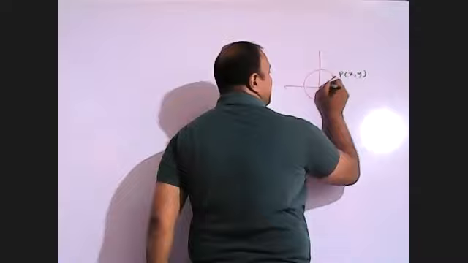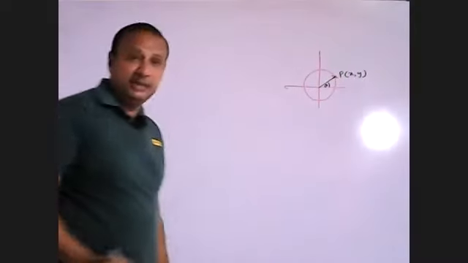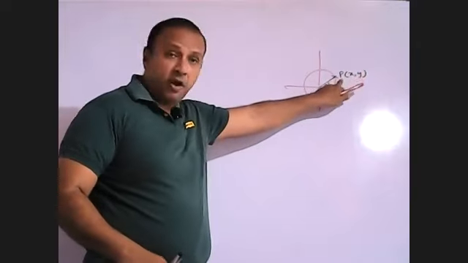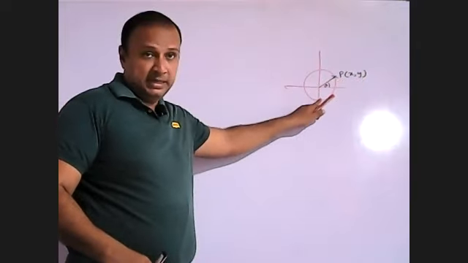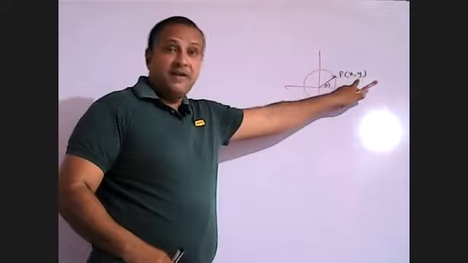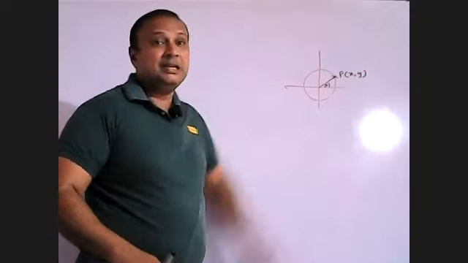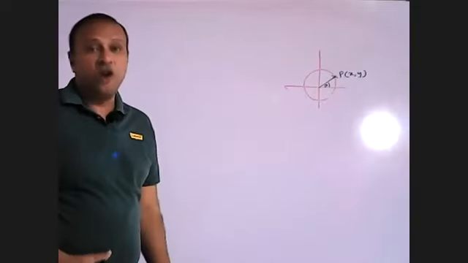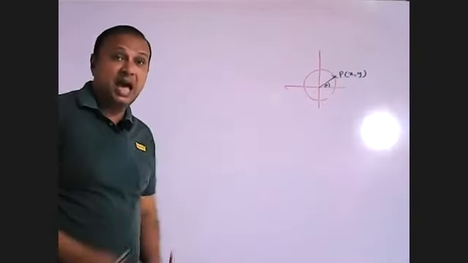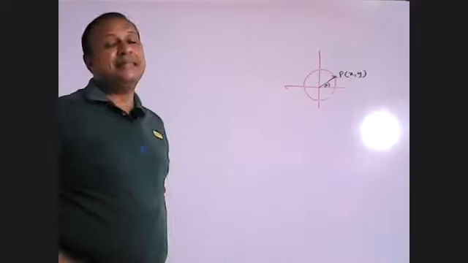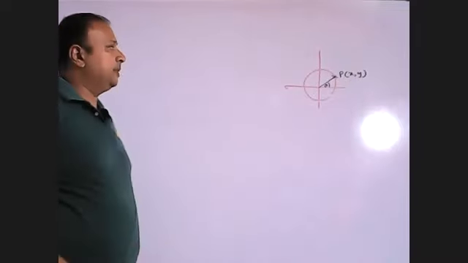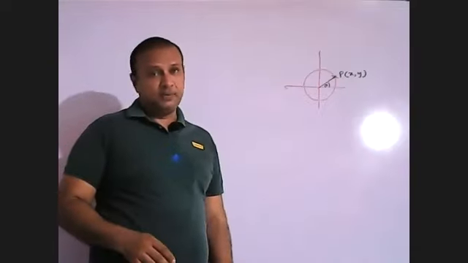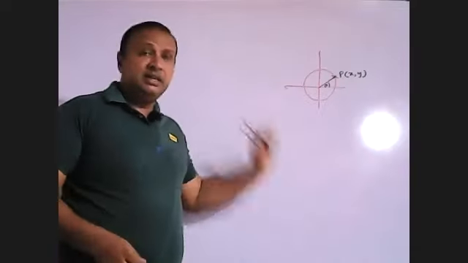Suppose this angle is theta. According to our definition, x value of this particular point is equal to cos theta, while the y value of this particular point is equal to sine theta. So that is the definition of sine and cos theta using a unit circle. Okay, and tan theta is the ratio between sine and cos. So that is the definition.